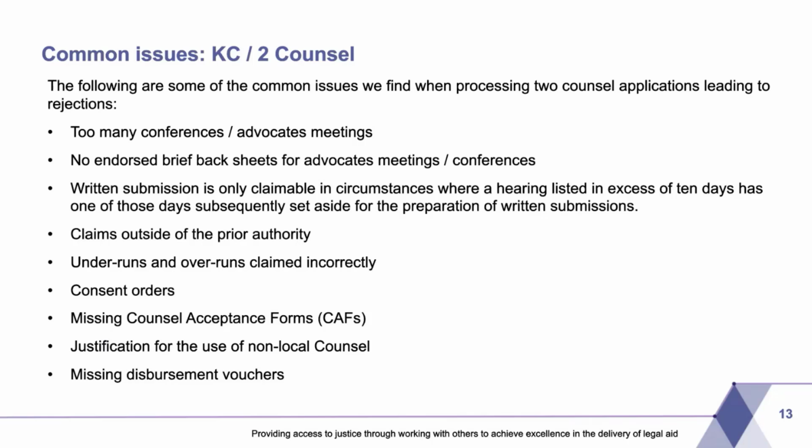In circumstances where we've granted authority for 2 junior counsel, then the person who undertakes the role of the first junior counsel will be entitled to 2 of each, and the person who undertakes the role of second junior counsel will also be entitled to 2 of each.